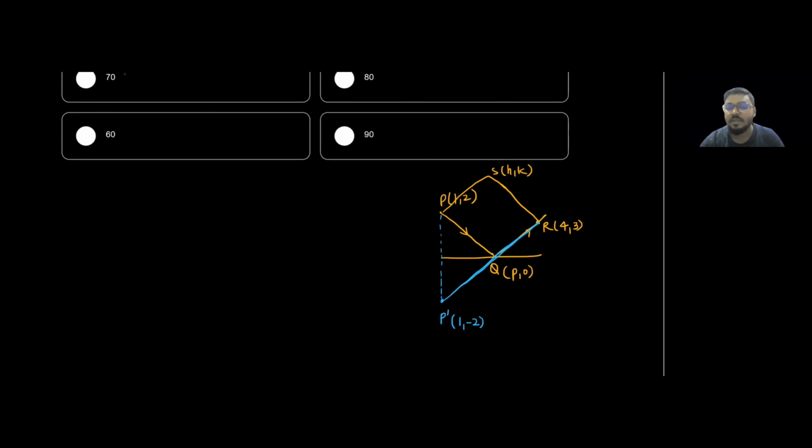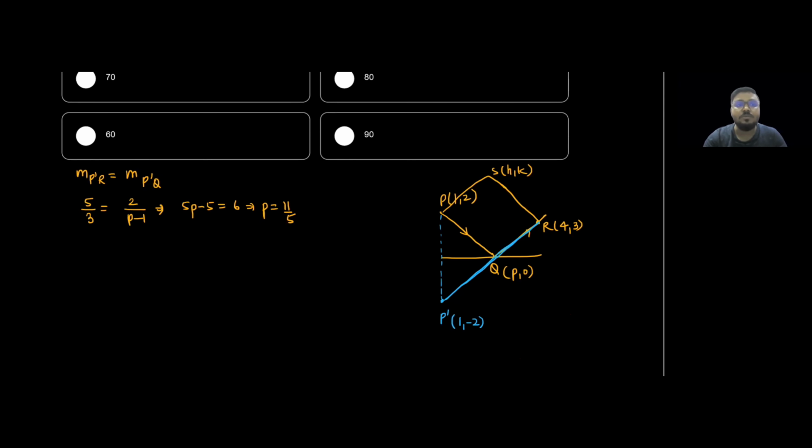So using slopes, I can get Q. The slope of P dash R equals the slope of P dash Q: (3 + 2) divided by (4 - 1), which is 5 by 3, equals 2 divided by (p - 1). This gives 5p - 5 = 6, that is p = 11 by 5.